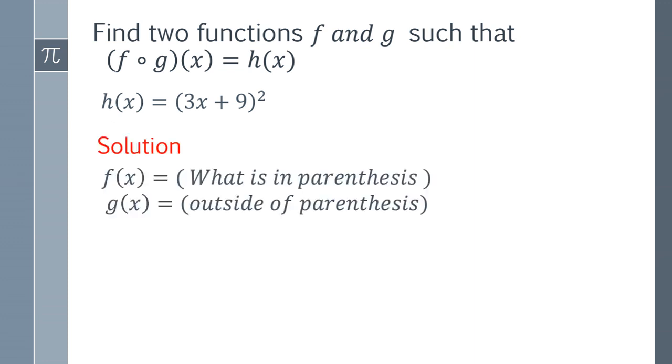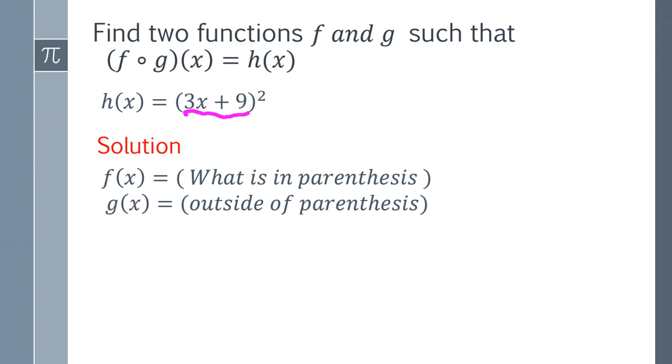So one, you could try, usually what you want to do is you can pick, you can call it f of x or g of x, or vice versa, it doesn't matter. So here it says f of x, what is in the parentheses? In this example, if we look at the parentheses, we have 3x plus 9.